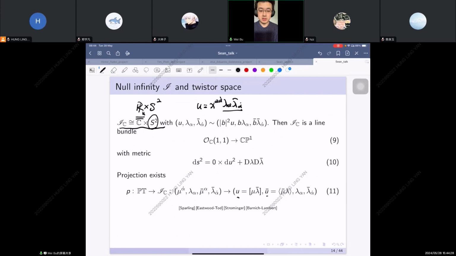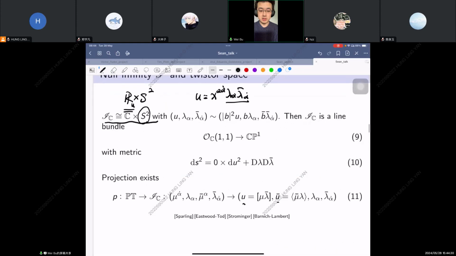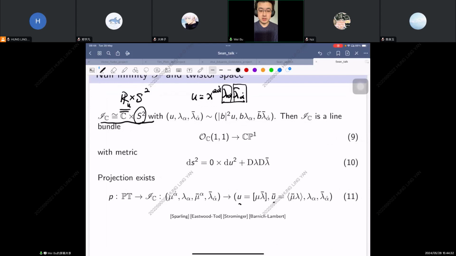Usually it's real, but if I allow lambda bar to go slightly into the complex domain, so that lambda and lambda bar are slightly not complex conjugates of each other, then u is slightly complex because u bar is no longer real. Then scri can be seen as a line bundle with weight 1 over CP1. This is just referring to the fact that u is a function of lambda bar. These are the weights in lambda bar.